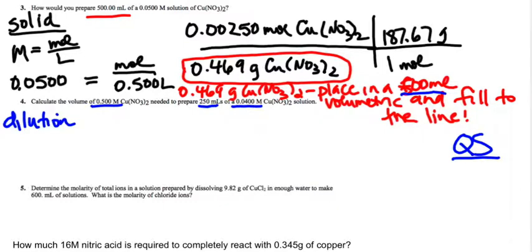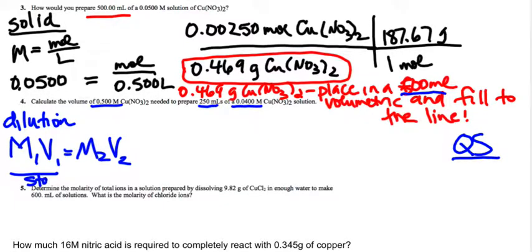Who remembers the dilution equation from last year? M1V1 equals M2V2. It doesn't matter where you put your stock, but one side's going to be stock and one side's going to be your final solution. I always do, for some reason, stock on the left. And again, that's just me.